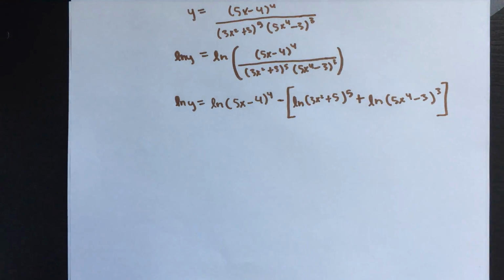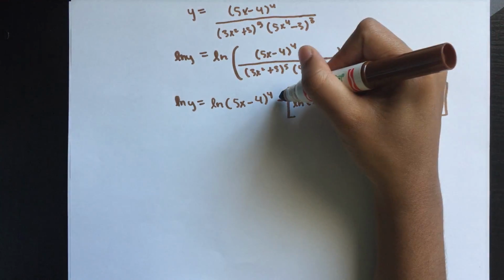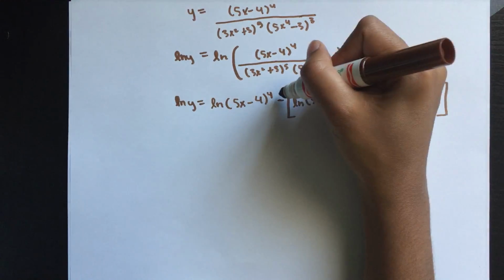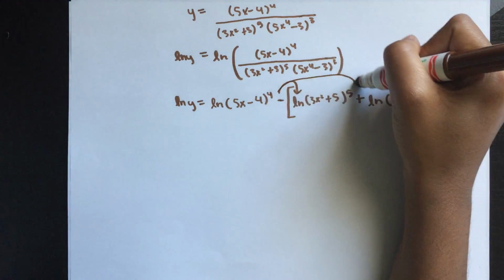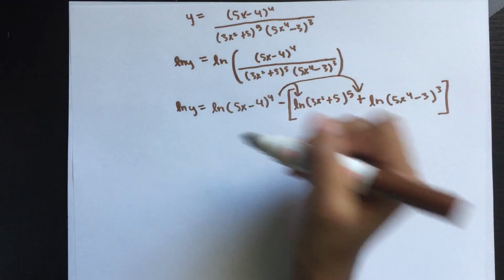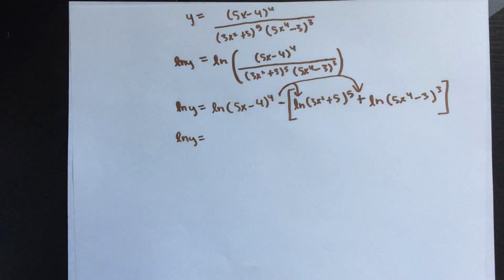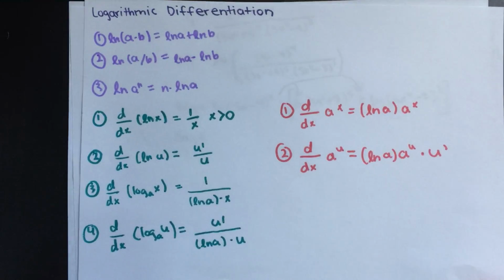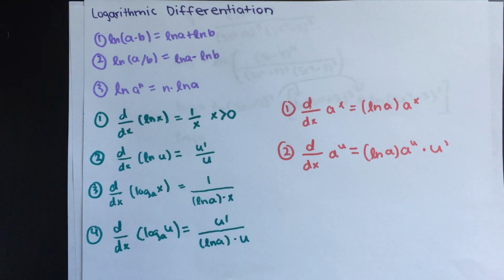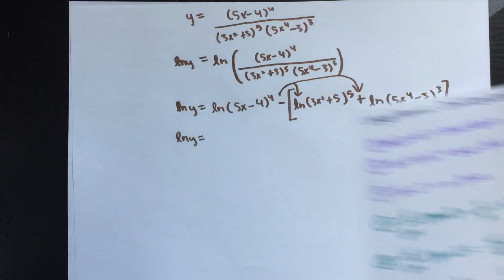So the reason I put brackets is because some people, when they're doing the product rule in the quotient rule, forget about this negative and how it needs to be distributed to both. This negative needs to be distributed there. So I'm going to keep on going. And now we can apply the power rule, which is that the natural log of a to the n equals n times the natural log of a.